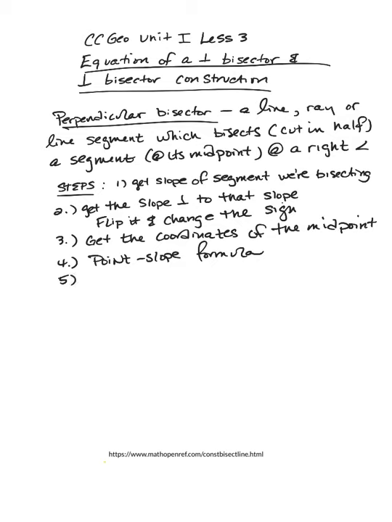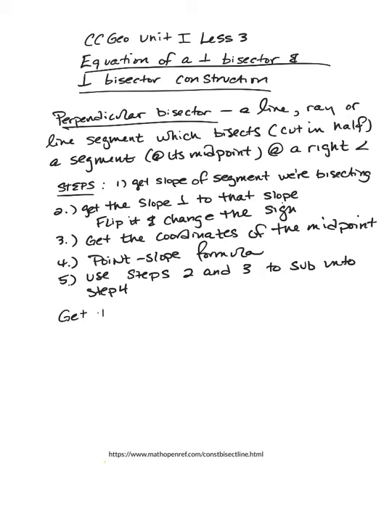And then last, you sub in the information from steps 2 and 3. Use steps 2 and 3 to sub into step 4. Okay, so let's take a look at an example.